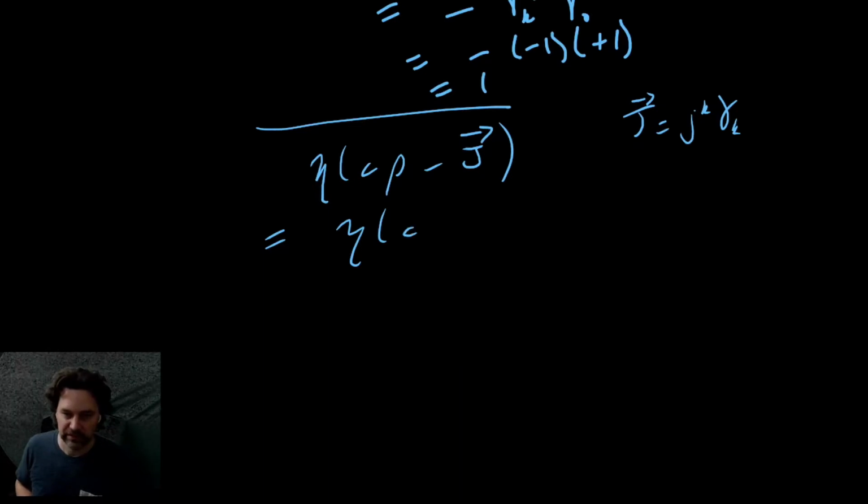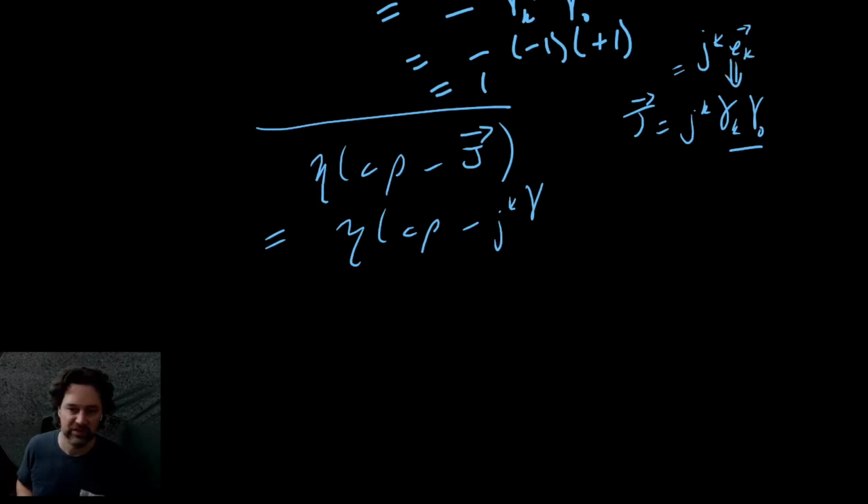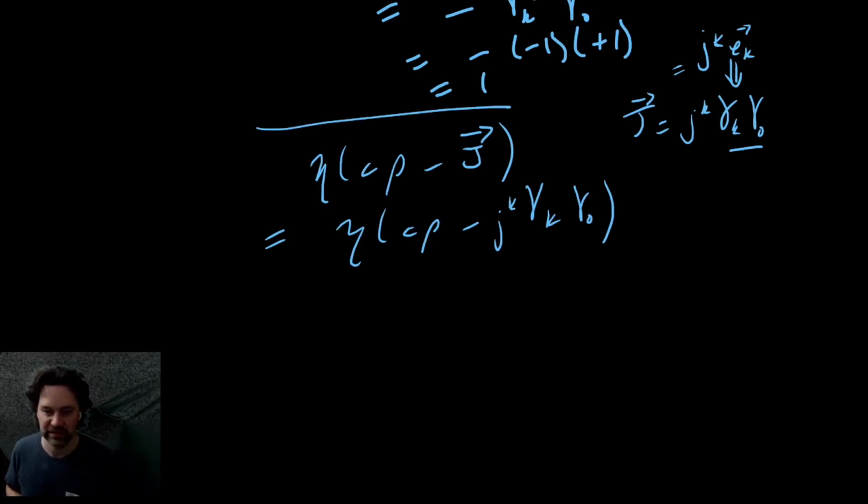So if we have c rho minus jk gamma k, gamma k gamma naught, because I was saying that j is jk times ek. So that is where the bivector comes into the picture. So gamma k, gamma naught. We've got a scalar now, and we have a bivector.